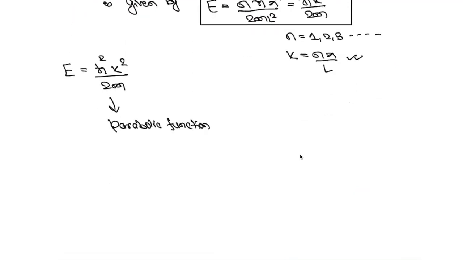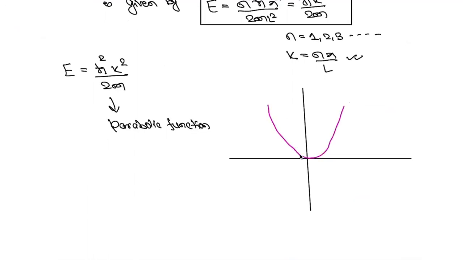So let's draw it. If you understand the meaning of this thing, you will understand the whole motive of density of state. It is the same thing in all of these, right? Now this is E and this is K. E versus K we have drawn here.